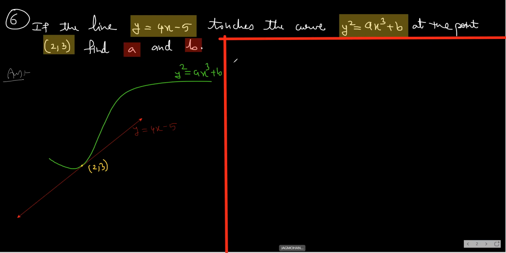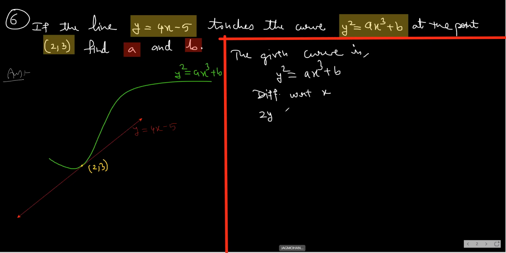So here I write the given curve. The given curve is y square equals ax cube plus b. I write here, differentiating with respect to x. So I get d by dx of y square, that is 2y into d by dx of y, equals d by dx of this.